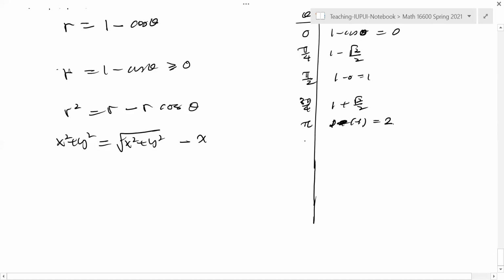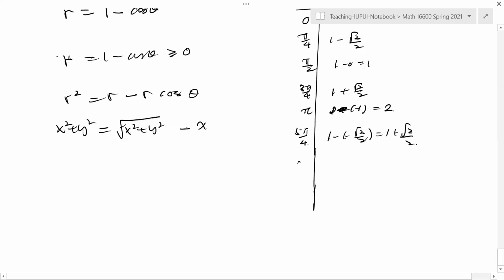And then keep it going. So it is 5 pi over 4. This will be negative, so minus negative square root 2 over 2, so it's 1 plus square root 2 over 2.